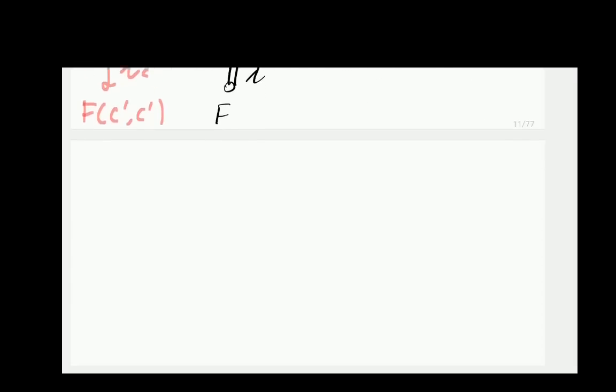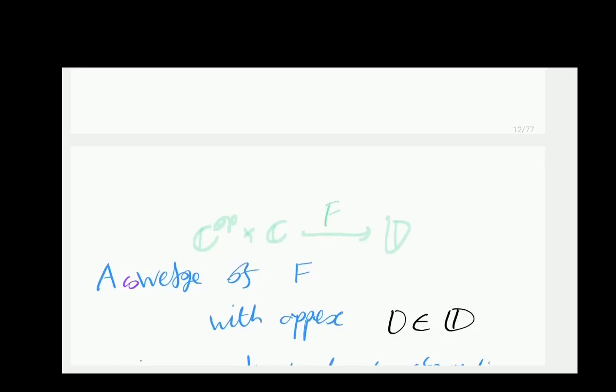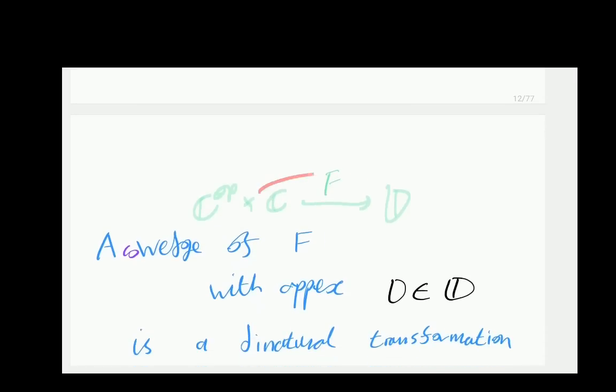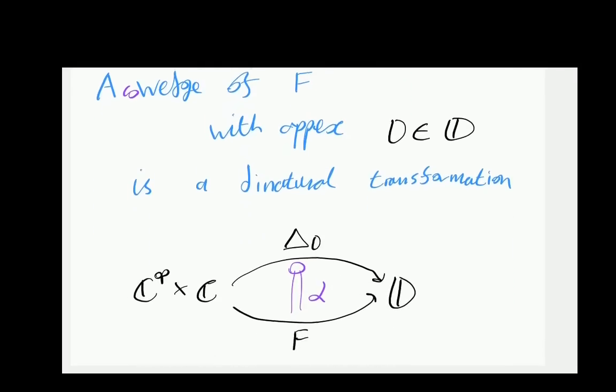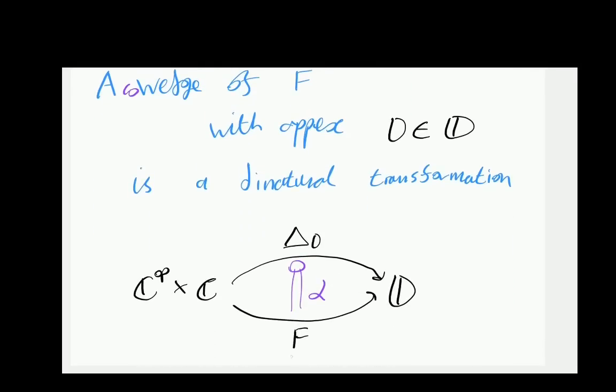So let's go. We'll start again with our bifunctor F, and we talked about what wedges of F are. What's a co-wedge of F? Well, it's just a dinatural transformation, but this time it goes from F to this constant functor. You'll notice that all of this looks analogous to colimits, right? Ends are analogous to limits. Coends are analogous to colimits.